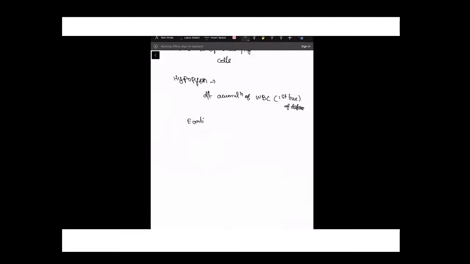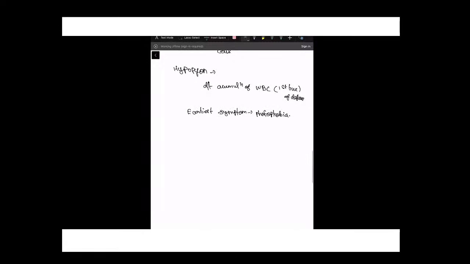Earliest symptom of a corneal ulcer is photophobia, sensitivity to light. Pain is the most important symptom.